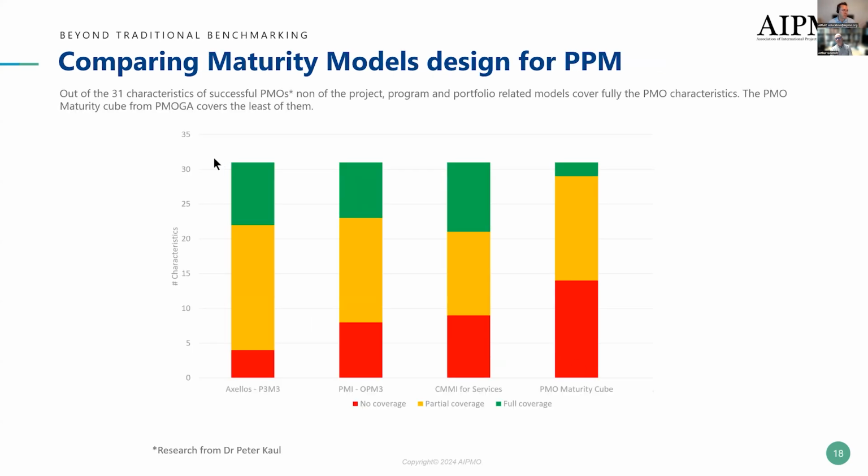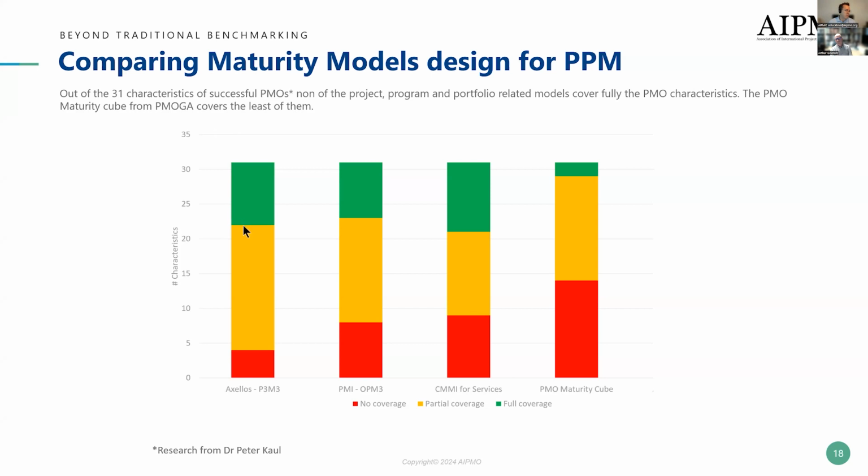If I take, for example, the Axelos P3M3, OPM3, the Carnegie Mellon maturity model, but also this thing called PMO Cube, which was done by Global Alliance America back in 2017 or 2018, something like this. The 31 characteristics come from research from Peter Cole, who published about 6 conference papers.